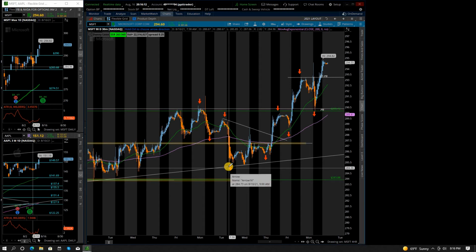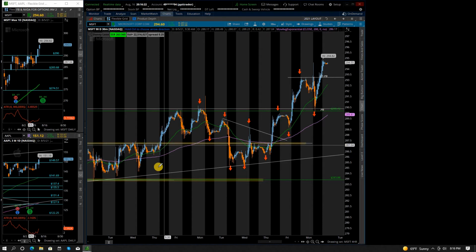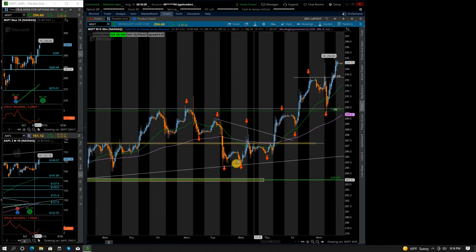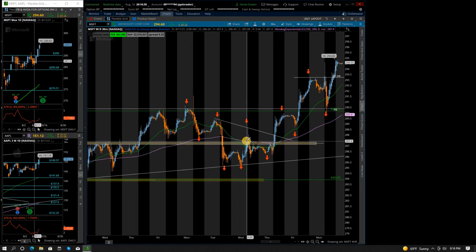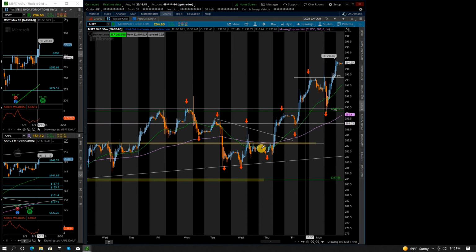What I want to see is a double bottom here with a higher high. And then as you can see, it made a higher low. We also have a very important level right here. Anything above this level, if it crosses around here, I'm willing to go long. So as you can see, double bottom, higher high, higher low, higher high, higher low, and you can see the market turned around.